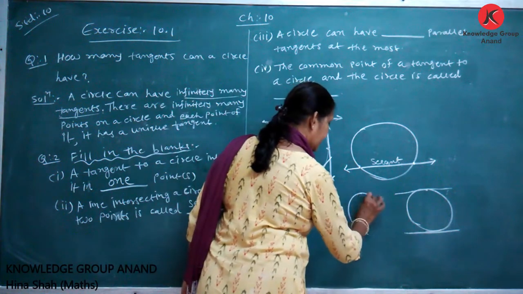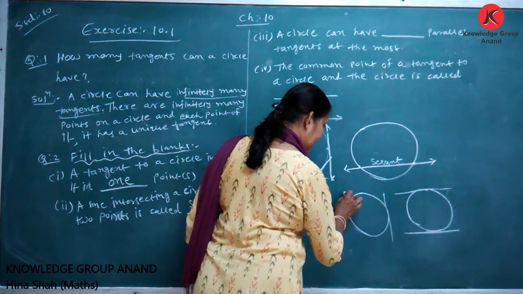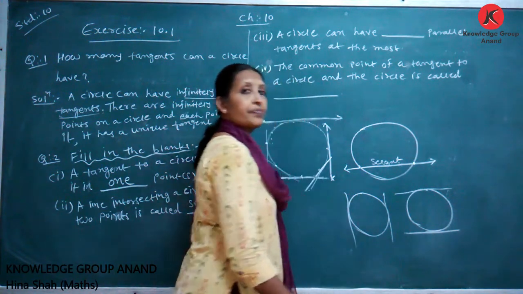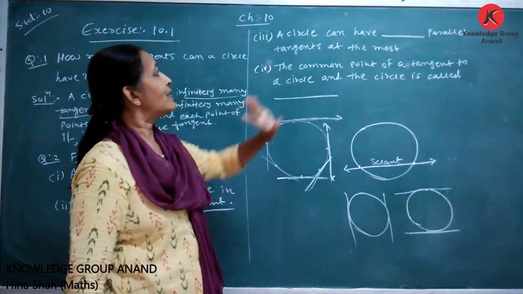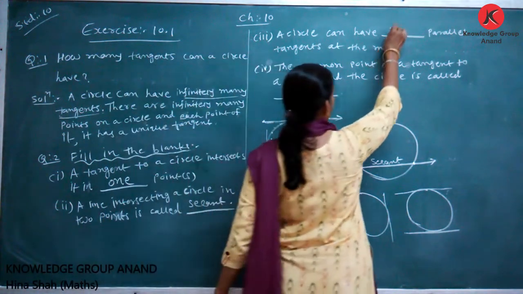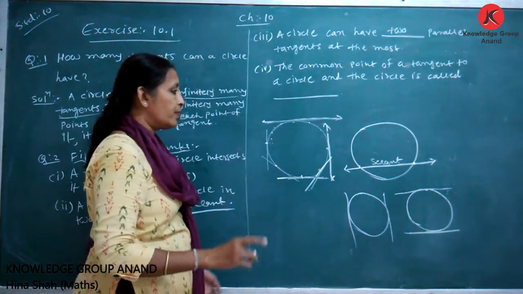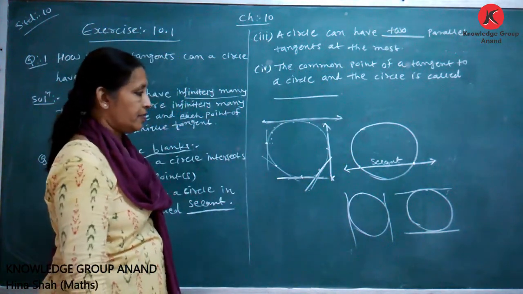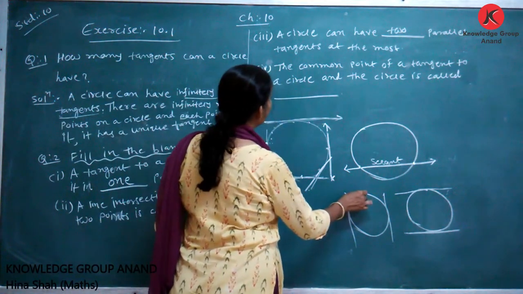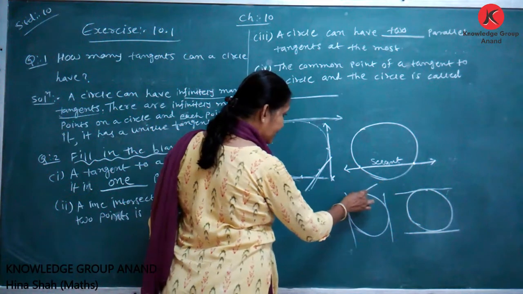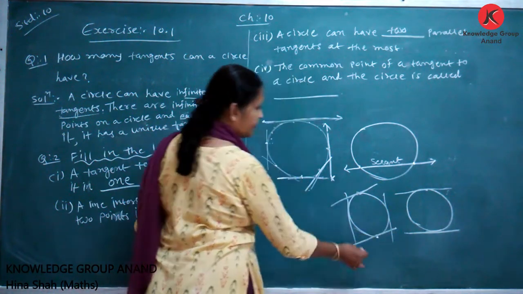Suppose one tangent is here, then its parallel tangent is here. A circle can have 2 parallel tangents at the most. Not more than 2, only 2 parallel tangents. Suppose this, then its parallel is this.